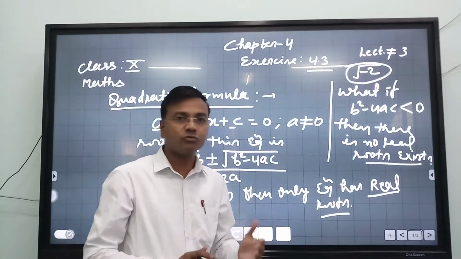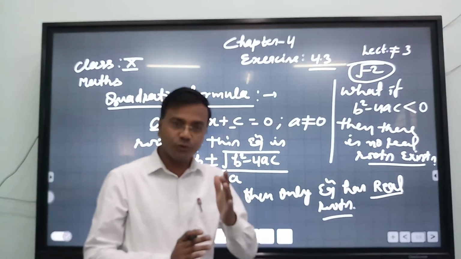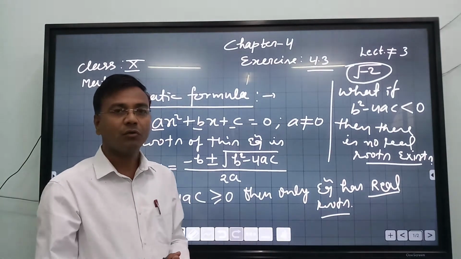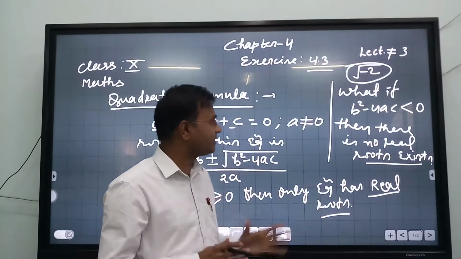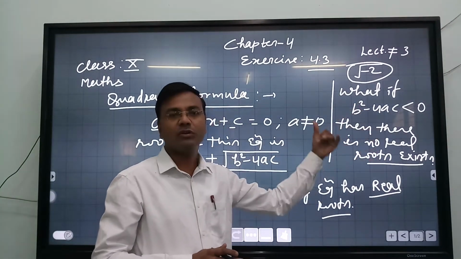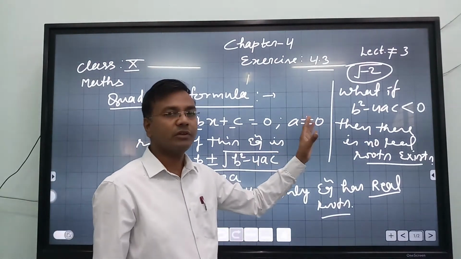For that we need to study the imaginary number system, which will be discussed with you guys in class 11th mathematics, okay, chapter 5 complex numbers. So I am going to leave this point over here only, it is just sufficient to know that there is no real root. In the examination you will have to write there are no real roots.